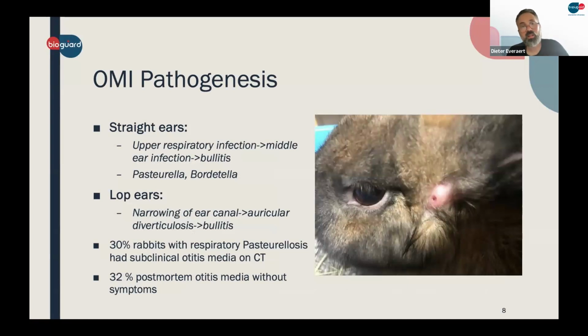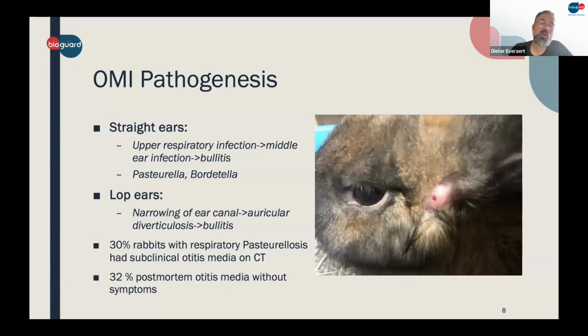But still, we really advise, if you do a bullitis, or even if you do only a myringotomy, to do an antibiogram with a culture, because they are quite resistant to antibiotics.